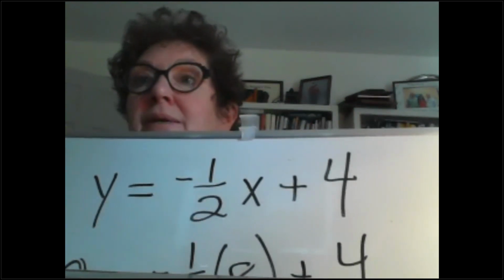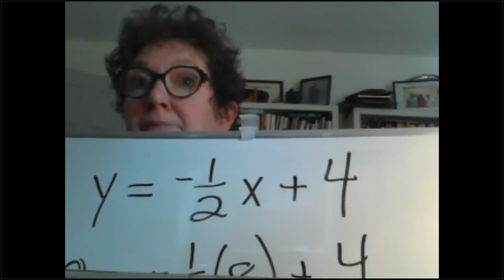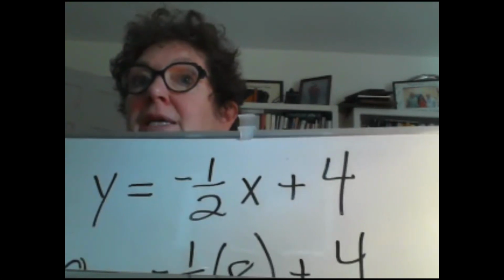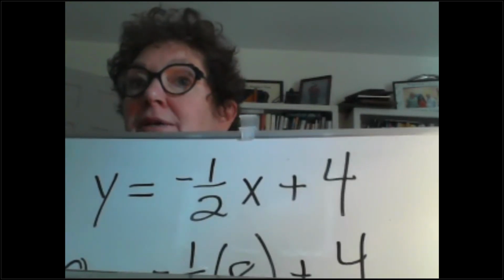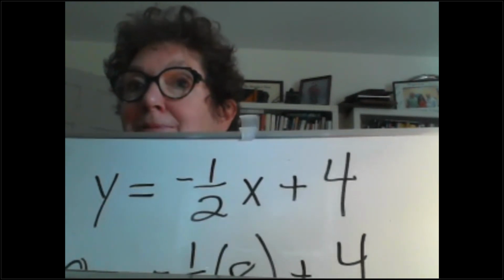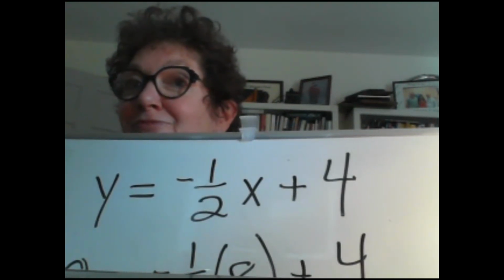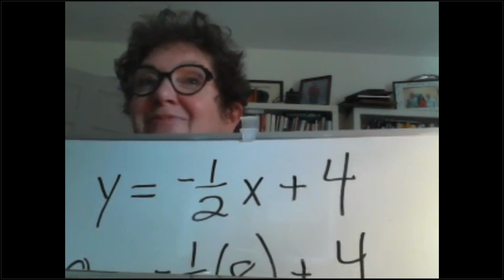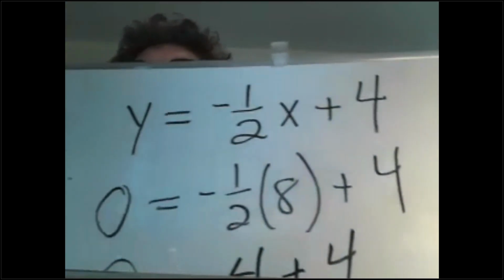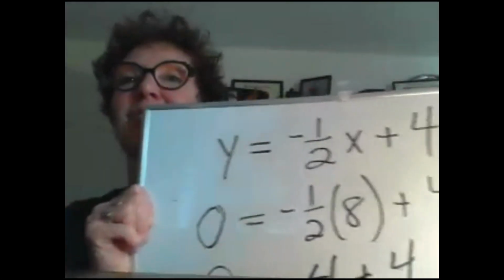Oh, I know what this could be. I have 4 cookies, and if I eat half a cookie every hour, how many hours before I don't have any more cookies? Well, the answer is not 2.